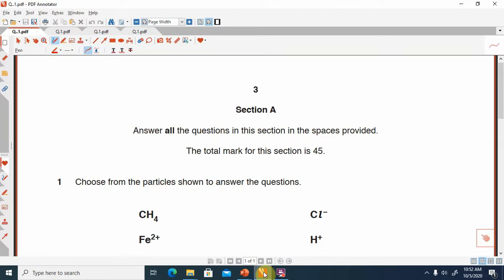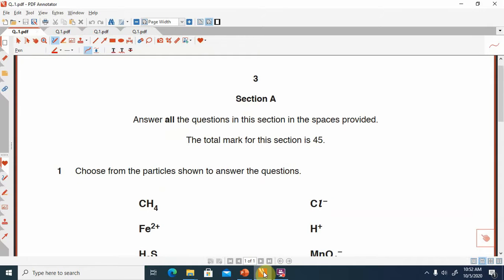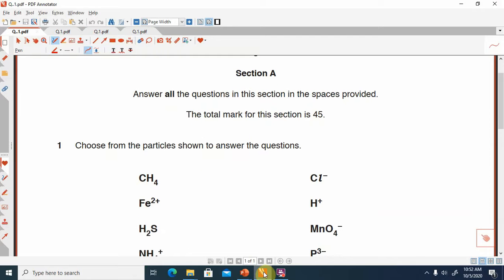Yes, this is question number 1, which is the compulsory question in paper 2, in section 1. They will give some compounds, some ions, some in words format, right?